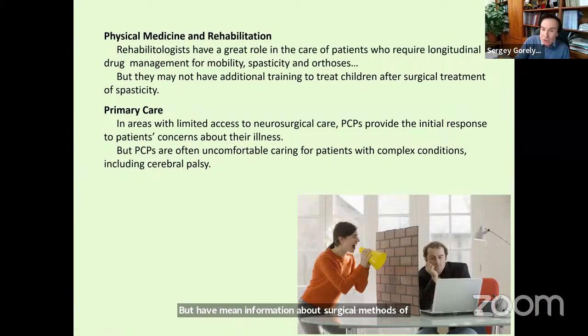Rehabilitologists have a great role in the care of patients who require longitudinal drug management for mobility, spasticity, and orthosis, but they may not have additional training to treat children after surgical treatment of spasticity. In areas with limited access to neurosurgical care, primary caregivers provide the initial response to patients' concerns about their illness, but primary care professionals are often uncomfortable caring for patients with complex conditions, including cerebral palsy.